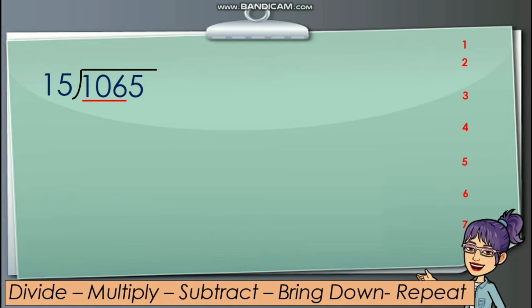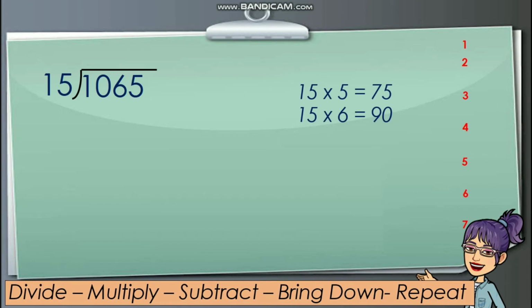So first we will divide 106 by 15. Since 15 is not in the multiplication table, we will make our own multiplication table. Let's start from 15 times 5. 15 times 5 is 75. That's far away from 106. Let's try 15 times 6. It's 90.